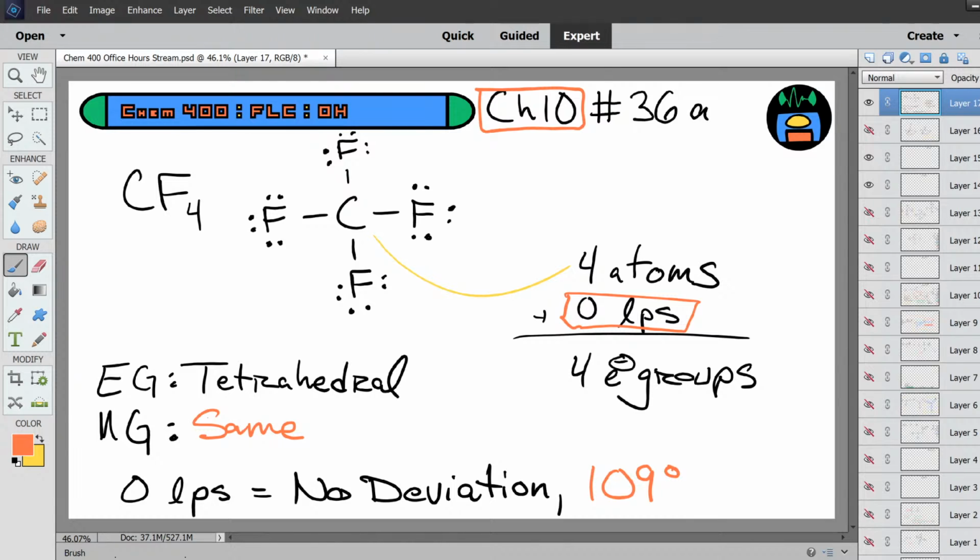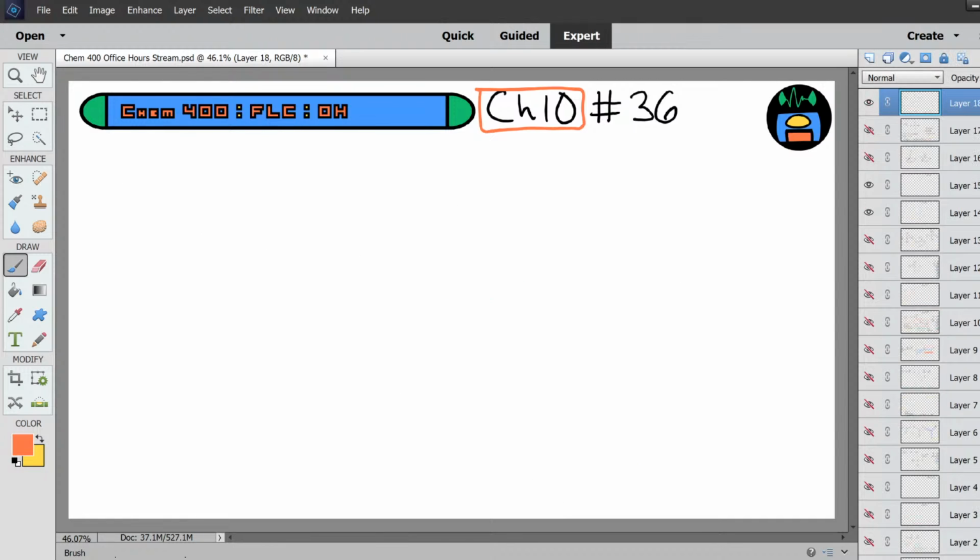Whereas if you compare this, so that was part A, to, let's say, part C, where we have the molecule OF2, if you draw the Lewis structure here, it would look like so.